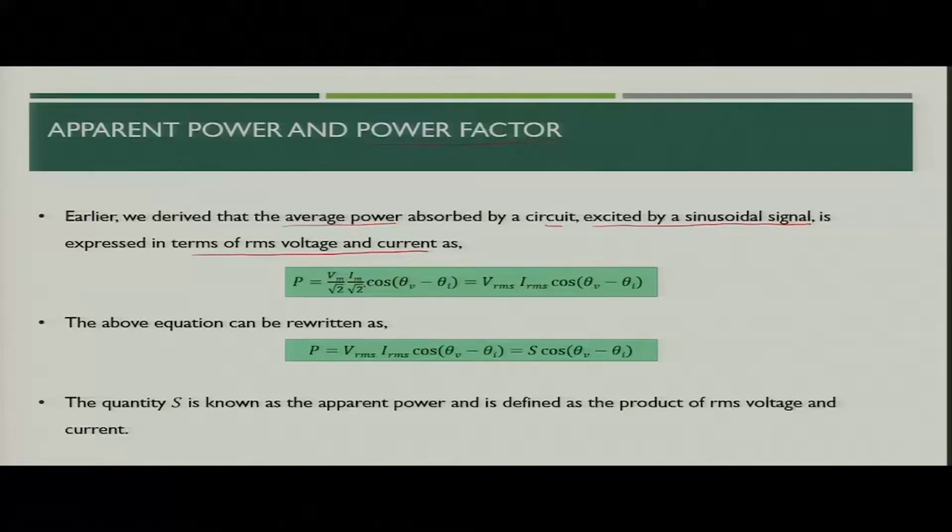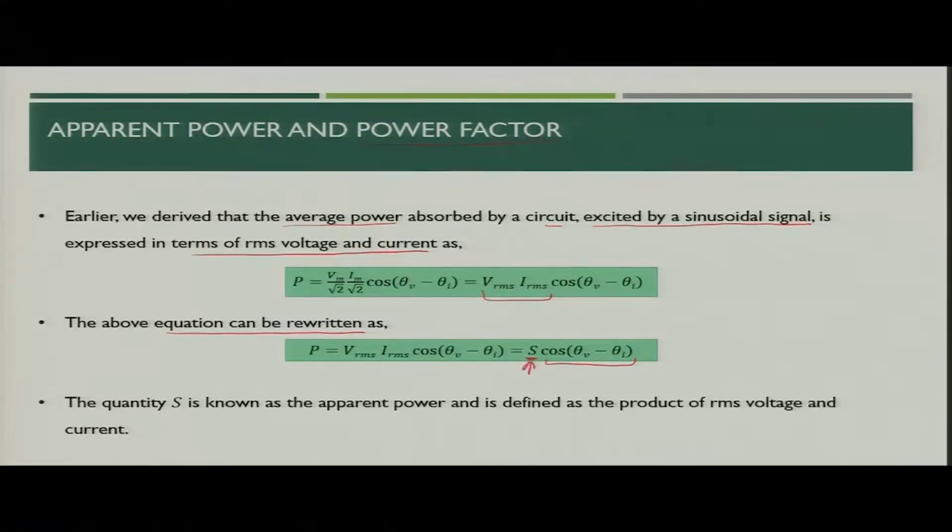So, power P was Vm/root 2 times Im/root 2 times cos(theta V minus theta I). We wrote that expression as Vrms times Irms times cos(theta V minus theta I). So, you can rewrite the above expression as P = S multiplied by cos(theta V minus theta I).